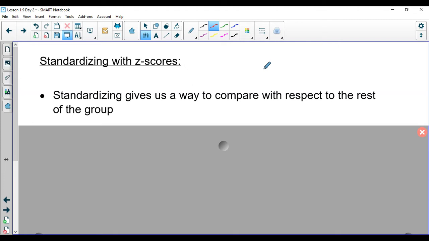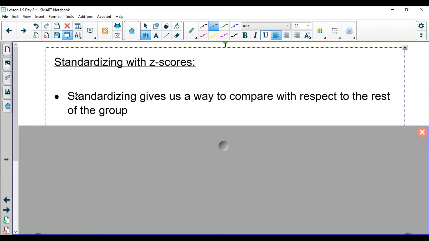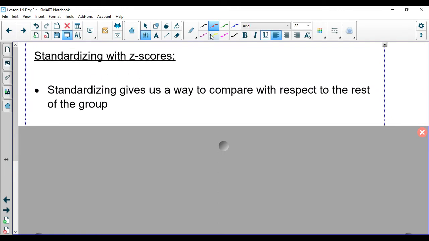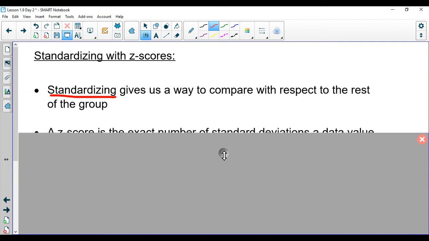Standardizing gives us a way to compare with respect to the rest of the group. In other words, I'm not just looking at my score, I'm looking at how I would compare to other people who took that same test or were in that same group.